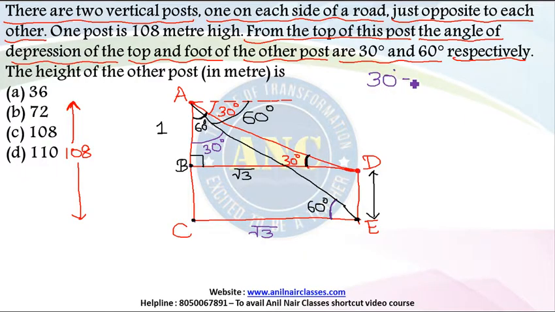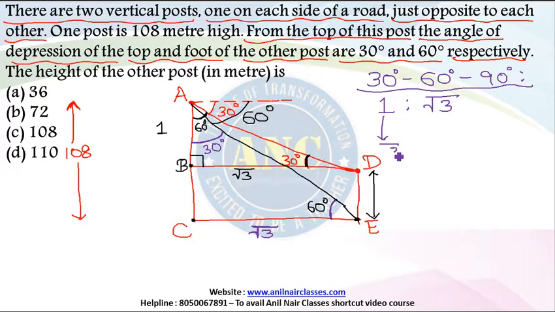For the bigger triangle, 30, 60, 90, opposite to 30 is 1, opposite to 60 will be root 3. But opposite to 30 in the bigger triangle is not 1. It is already mentioned as root 3. So 1 should become root 3.